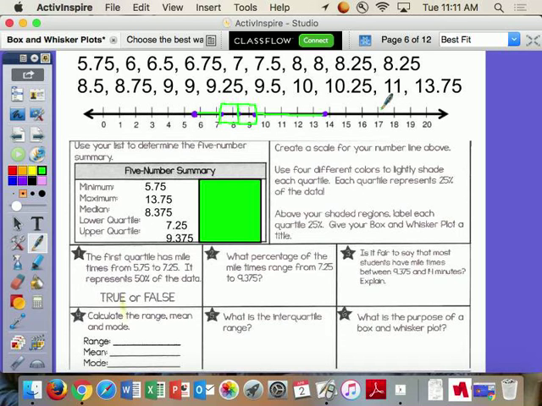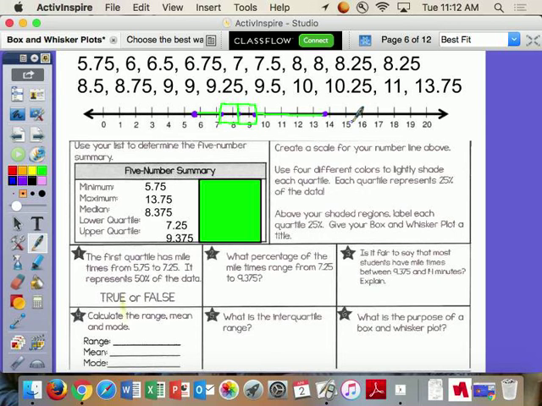Now, we're not going to do the different colors, it's fine, but it says use 4 different colors. 1, 2, 3, 4. Each part represents 25%. If you have 4 25%, altogether that's 100%.